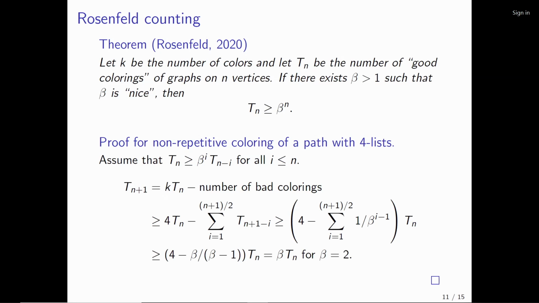So nice means just that beta verifies this equation. And where does this equation come from? Well, it comes from this counting for our problem. Okay. So it's a bit hard to write it in a formal manner, but this is the idea behind it. And you can check here that beta equals 2 is the only solution to this equation. And of course, you can check that the base case works as well.